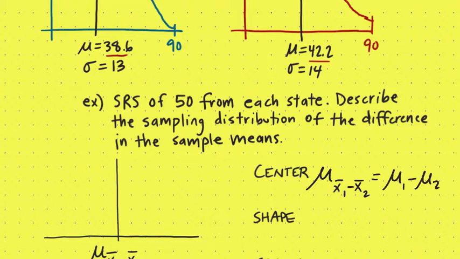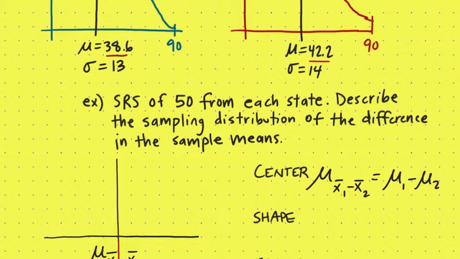All that means for this particular example is if I subtract Kentucky minus Florida, my sampling distribution is going to be centered right where you would think it would be, which is negative 3.6 on this graph. That's because the difference in the actual means is negative 3.6. I'm doing Kentucky minus Florida, so my smaller mean minus my larger mean. It's going to be centered right where it's supposed to be. And that's the 4th time that's happened.